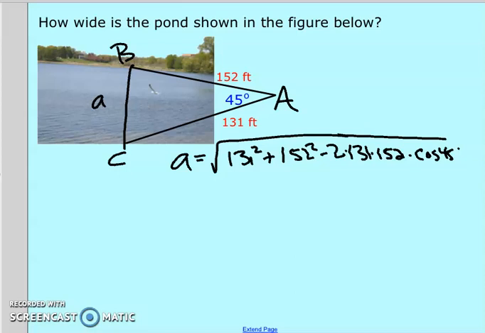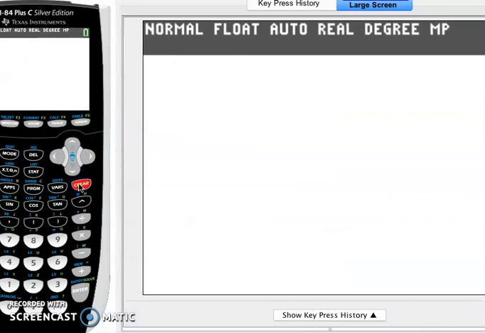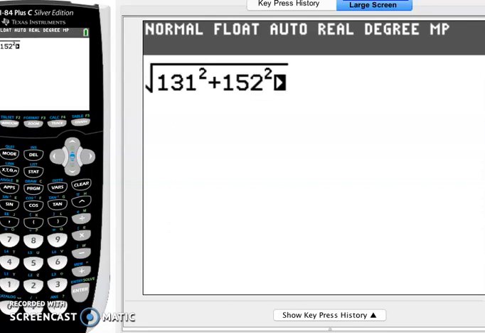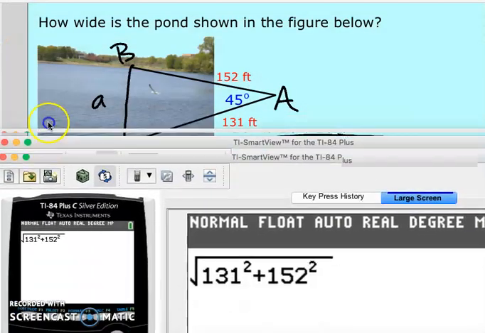We're going to type it in. 131 and 152 are my numbers. Let's see how I do on remembering this. 131, oops, I didn't do square root. I'm going to start over. Second, square root, 131 squared. And was it 152? I'm just going to check quick because I often forget. It is 152.